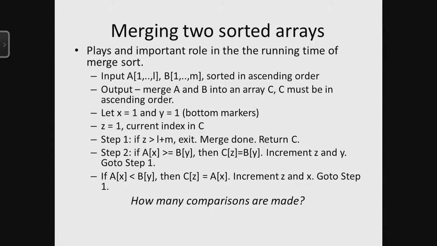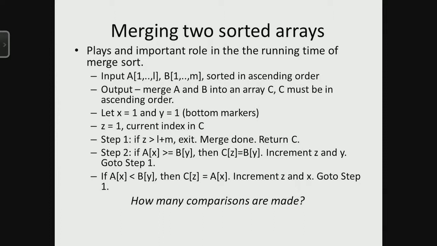For example, if the smaller element came from the array B, then the element assigned to C of z is B of y, and y is incremented and z is also incremented. If the smaller element came from the array A, then x and z are incremented and the array element A of x is copied into index z in C.